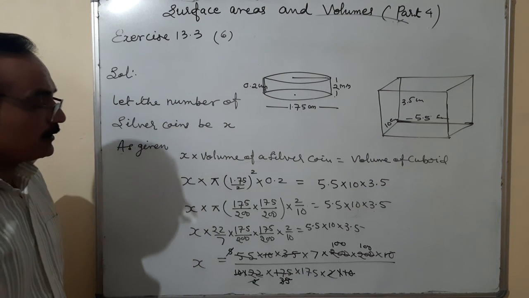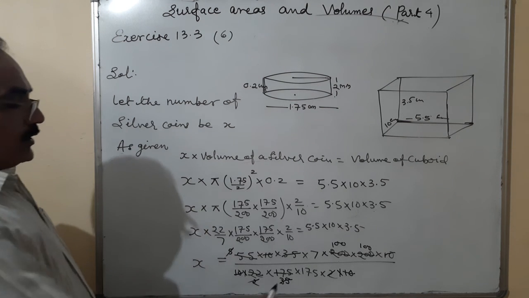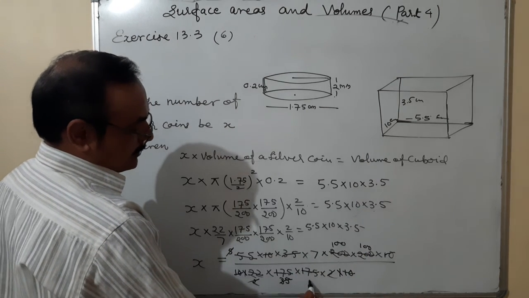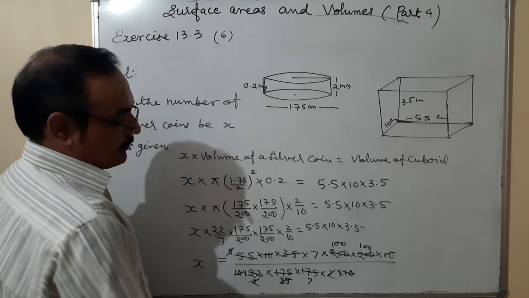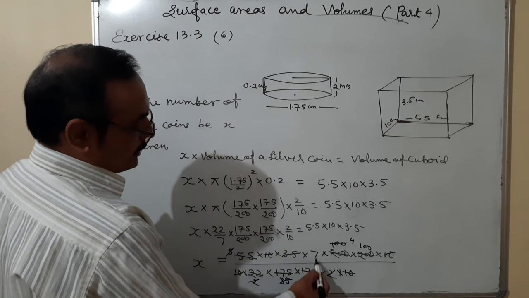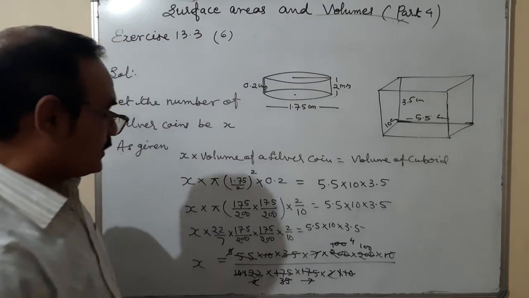Now what is left here? 175, this is 7, and only 175, 700 and 100. So 25 7s are 175, 25 4s are 7 cancel. So the total result is 100 multiplied by 4, that is 400.